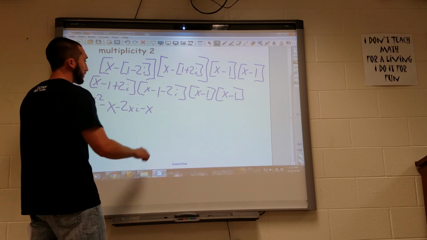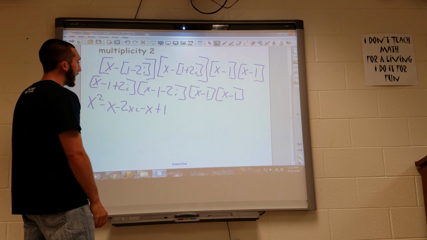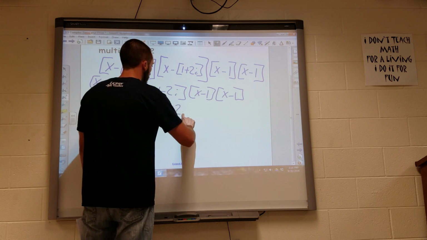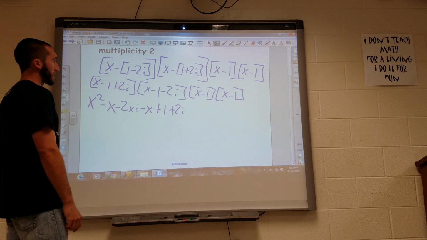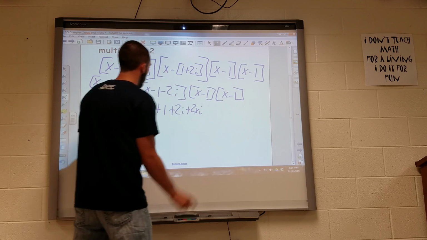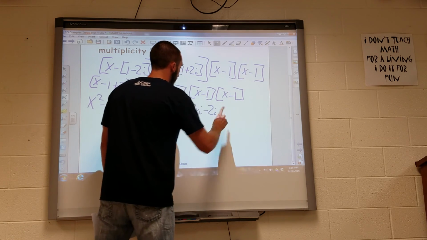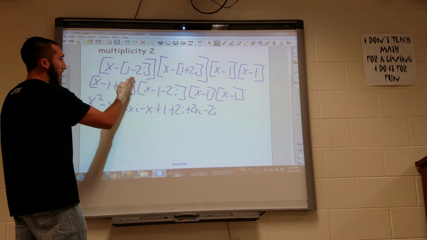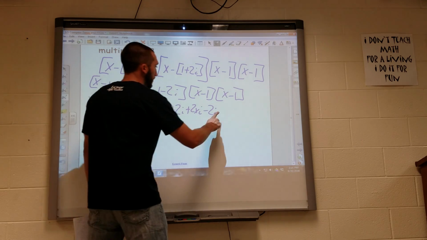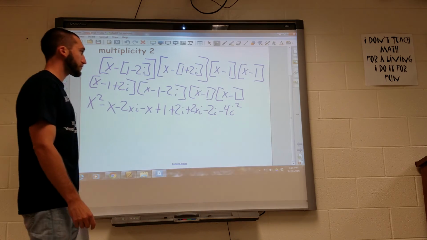Negative 1 times negative 1, positive 1. Negative 1 times a negative 2i gives me a positive 2i. And I keep going. 2i times x is a positive 2xi. 2i times negative 1 is a negative 2i. And 2i times a negative 2i is a negative 4i squared.